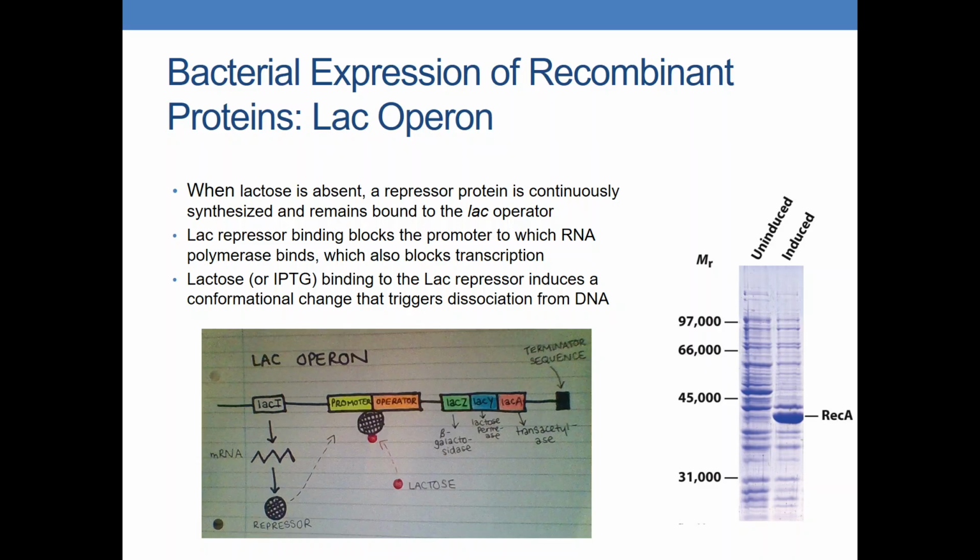It causes a conformational change in the LAC repressor that alters the affinity of that protein for the promoter operator region, which then induces it to dissociate from that region. At this stage, my promoter operator is opened up and RNA polymerase can bind to my promoter operator region.